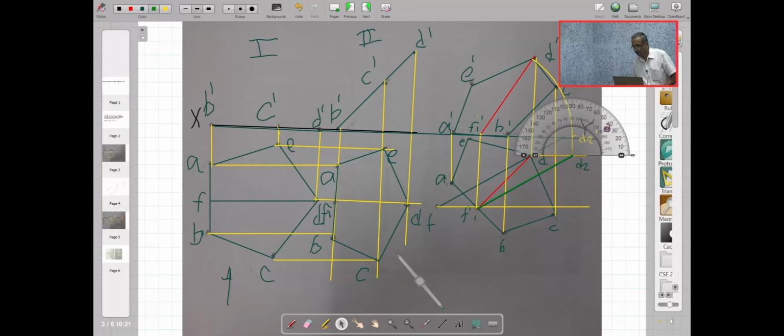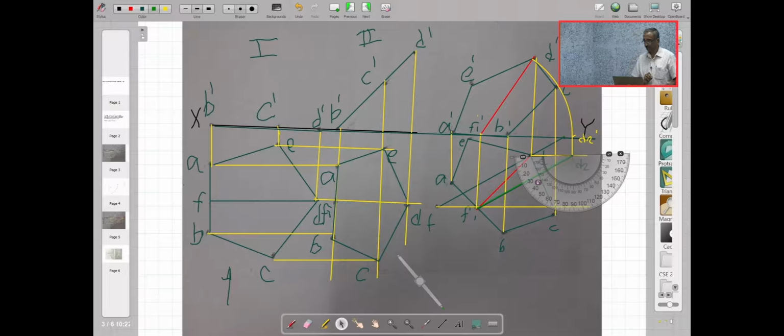Now let me turn this protractor. Now let us see what angle this line makes. We can see very clearly D2 F1 is making an angle of 30 degrees. So this is the true angle the line DF1 is making with respect to VP.